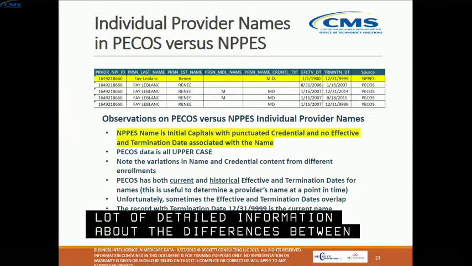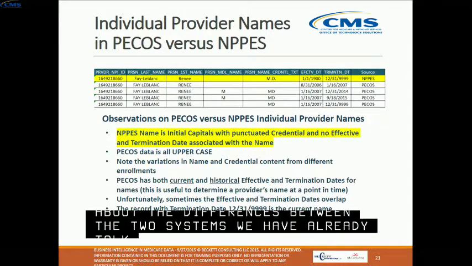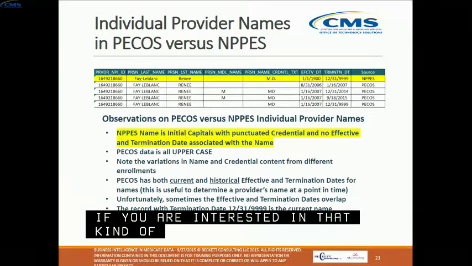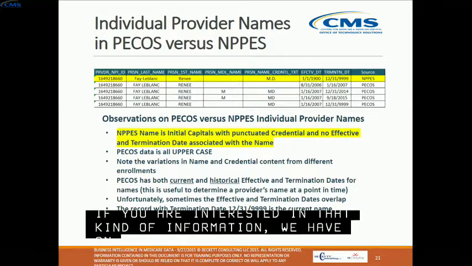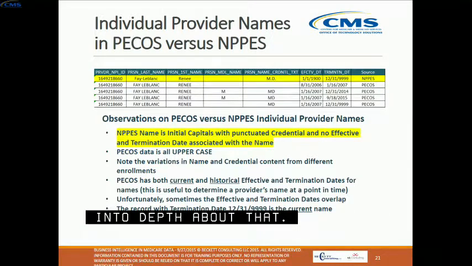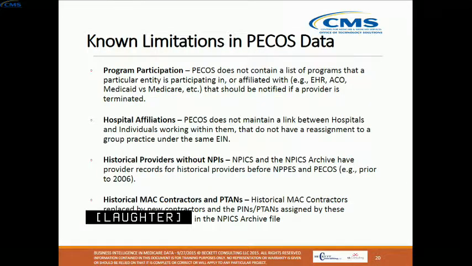And so if you're interested in that kind of information, we have another training module that you can sign up for that will go into depth about that. Maybe that's the commercial. Do you think that's sufficient? Can we work with that? We probably can work with that. I can restate it if you want. But why don't you do that and just ducktail this one here?